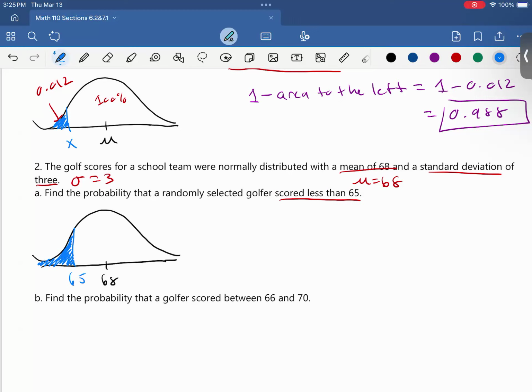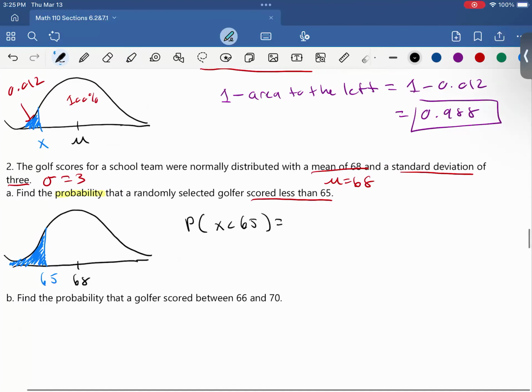Now we want to calculate the probability. We're going to use our calculator, but first, let's set up what we would actually put in the calculator. So we would have the probability of x less than 65.